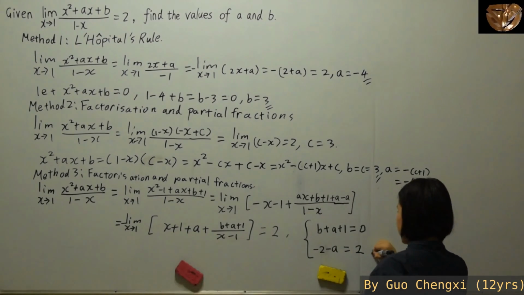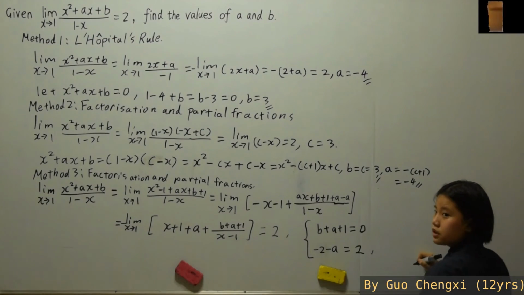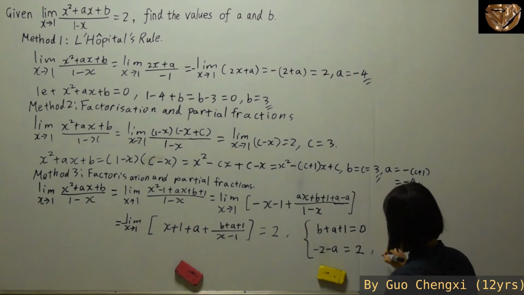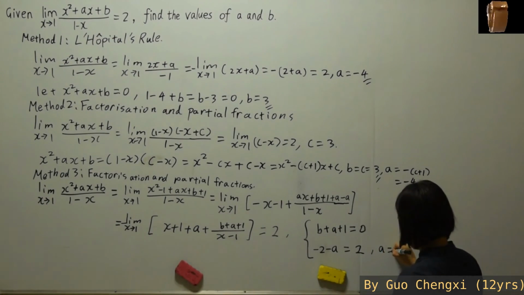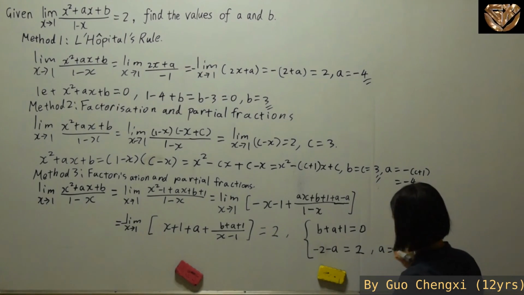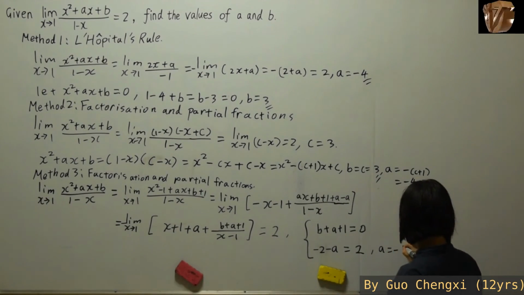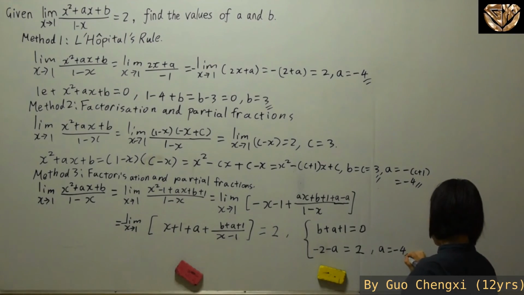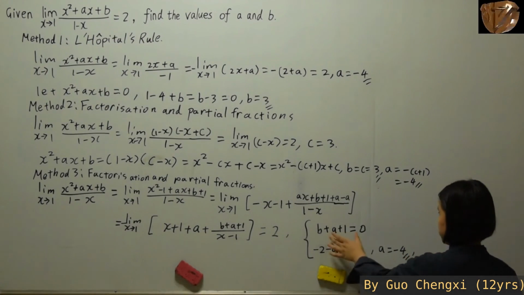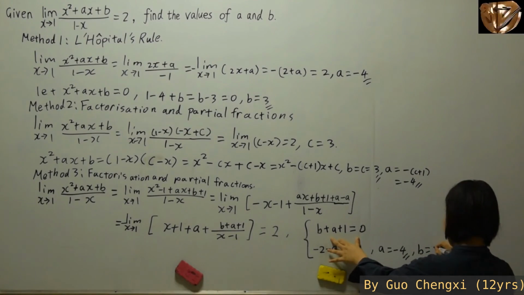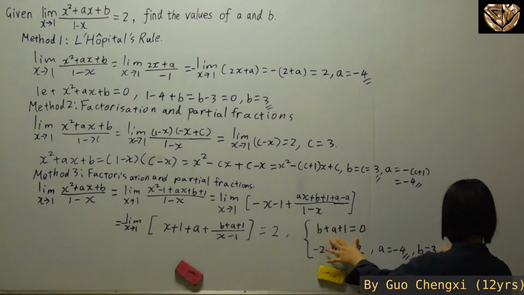From here, a is equal to negative 4, and from the top part you get that b is equal to 3.